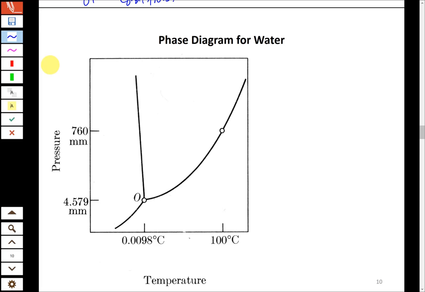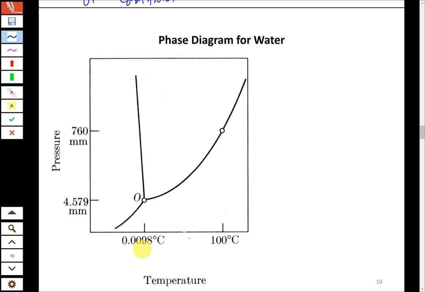All right, so let's talk about the different features in this phase diagram for water. So first we can identify the different regions of the diagram that are shown here. So typically, and now that we've talked about the different phases, this should make sense. In this diagram we have temperature on the horizontal axis and pressure vertical.